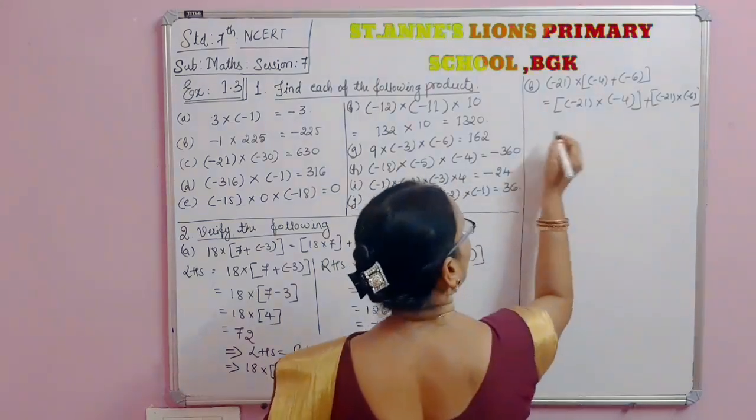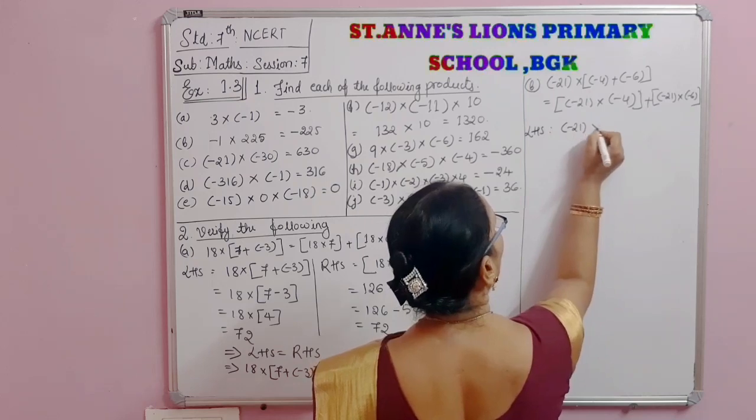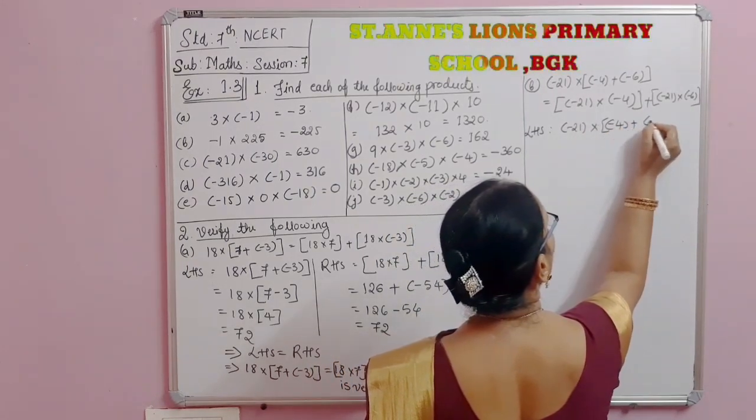Okay, first we will take the LHS here. Which is LHS here? Minus 21 into minus 4 plus minus 6.